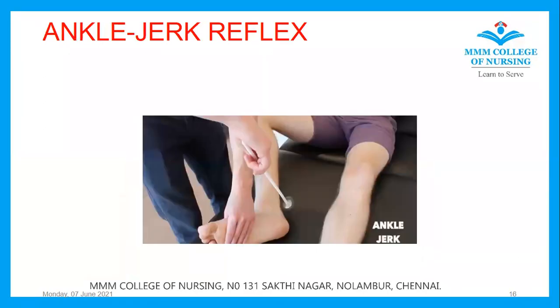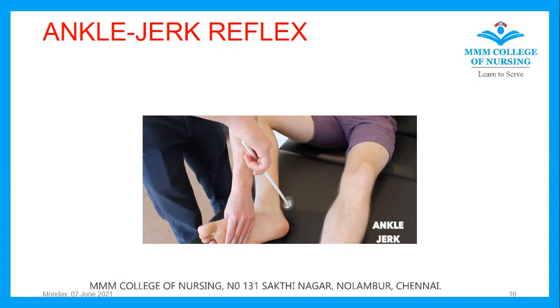The next assessment is the ankle jerk reflex. For this we need a tendon hammer. We are going to check the reflexes. This reflex will be absent in the case of advanced peripheral neuropathy. Ask the patient to sit on the couch with support for the legs, so that the hip is slightly abducted, the knee is flexed, and the ankle is dorsiflexed.